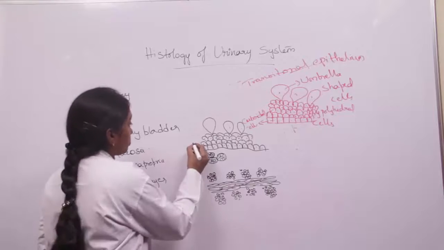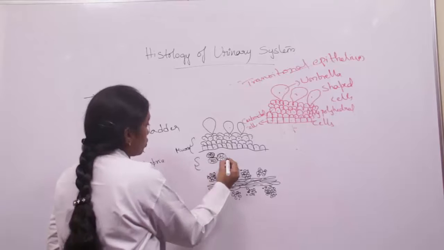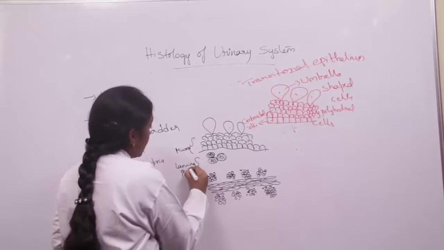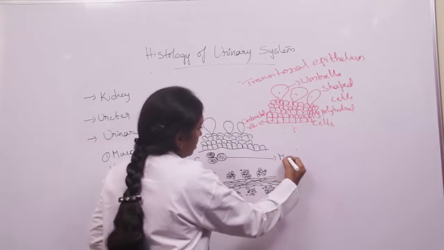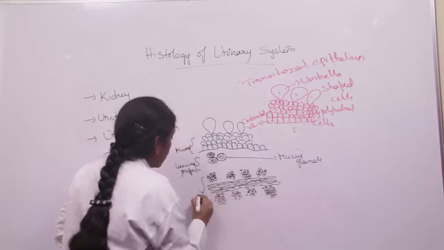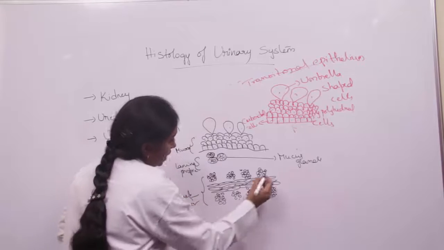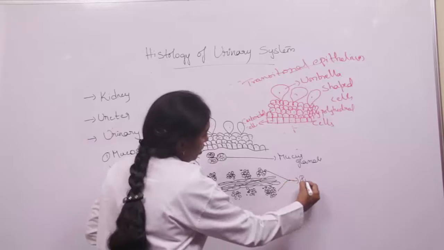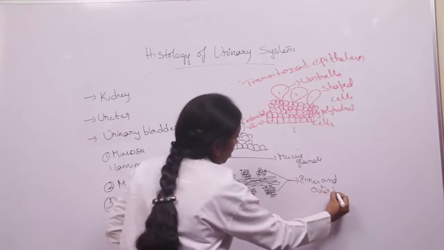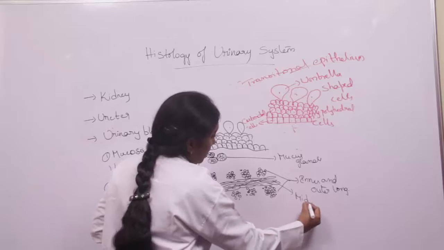So coming to the mucosa, it consists of epithelium, and the lamina propria consists of mucous glands. And the muscle layer consists of inner and outer longitudinal layers and a middle circular layer.